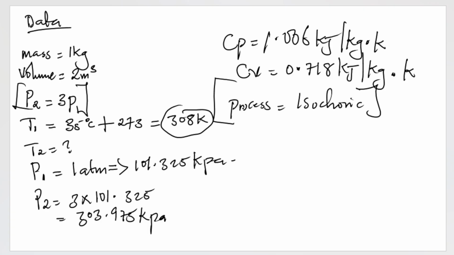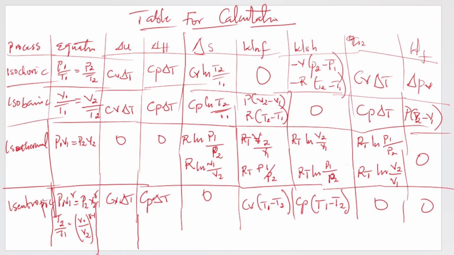Now, since you've gotten to know the type of process, what will be the equation of state for this process? That was why I gave you the simplified table. Each and every process has its own unique equation, which we already proved. So we simply get the equation of state for that process. For isochoric process, it was P1 over T1 equals P2 over T2, for state 1 and state 2.